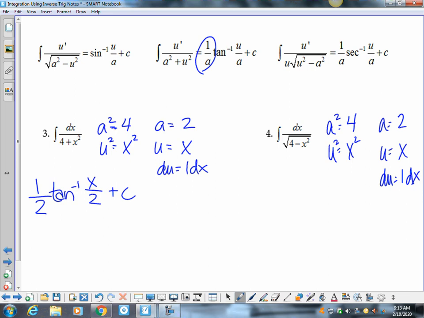So I don't need a thing. And this is now sine. So sine inverse of, yeah, x over 2 plus c.